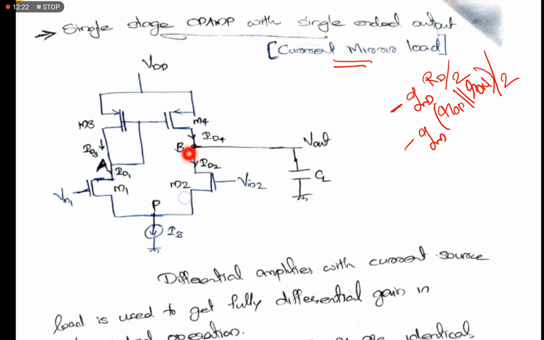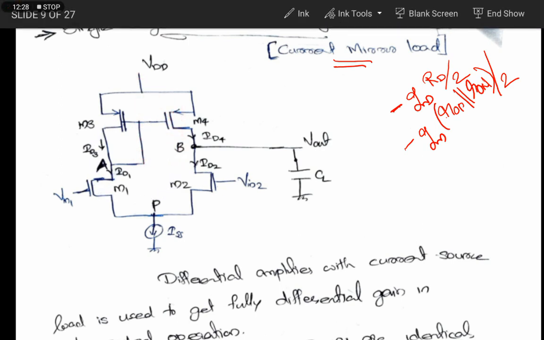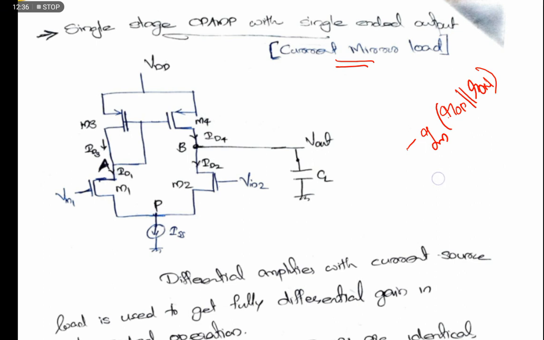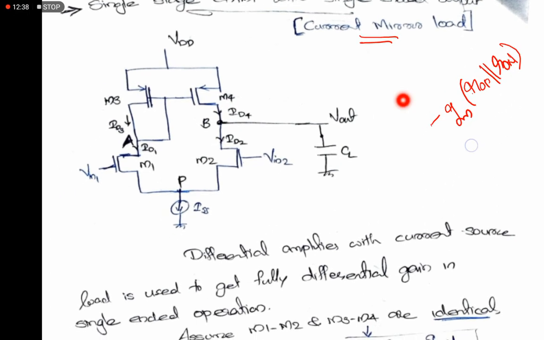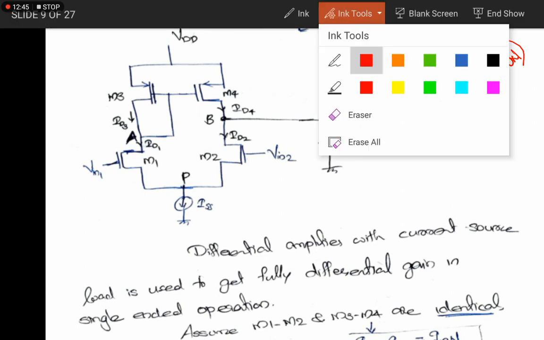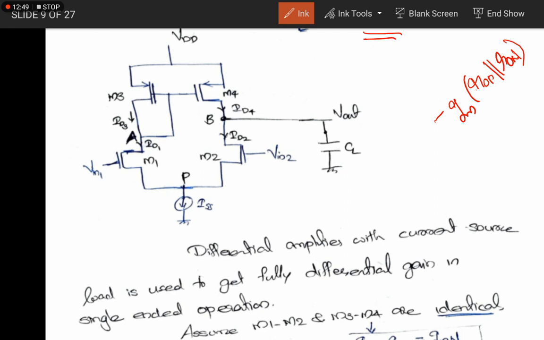But due to the current mirror action, or the current mirror load, here we will get an output equal to our normal differential amplifier stage, gm into ROP parallel to RON. So we need to prove that. To prove that, we will apply our basic idea itself.